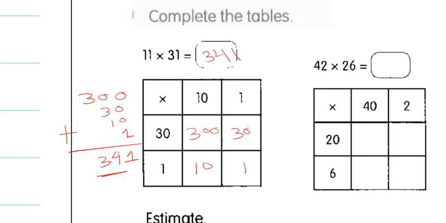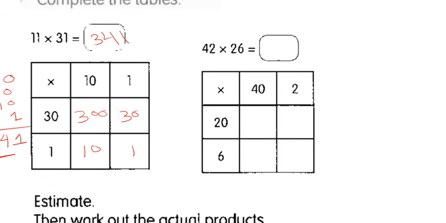42 times 26. Partition 42 gives me 40 and 2. 26 partition gives me 20 and 6. If you multiply 20 times 40, put 2 zeros and make multiplication of 2 times 4, that gives me 8. 20 times 2, put this 0 and make 2 times 2, which gives me 4. 6 times 40, put 0 and make 6 times 4, which gives me 24. 6 times 2, 12.